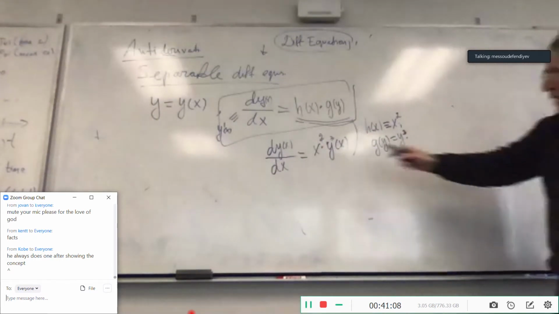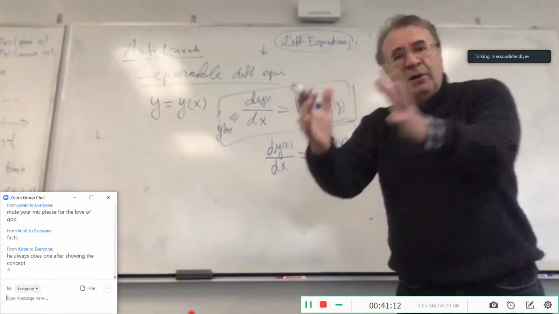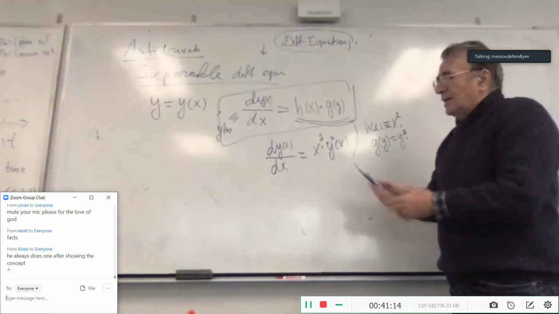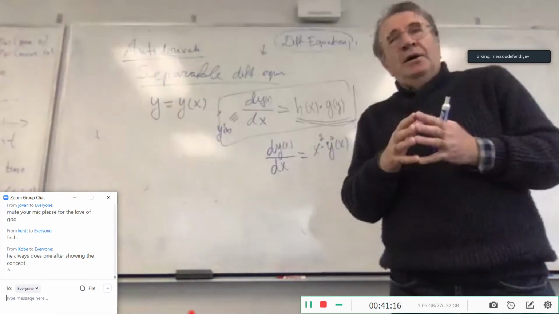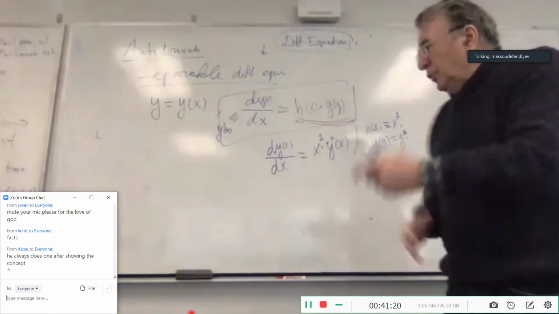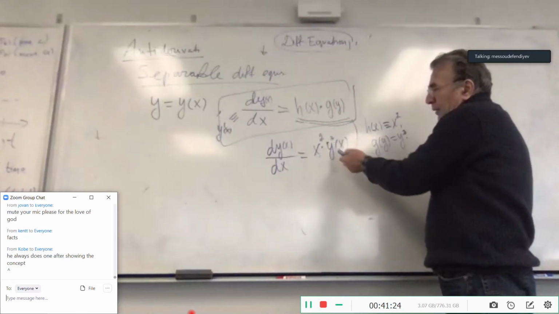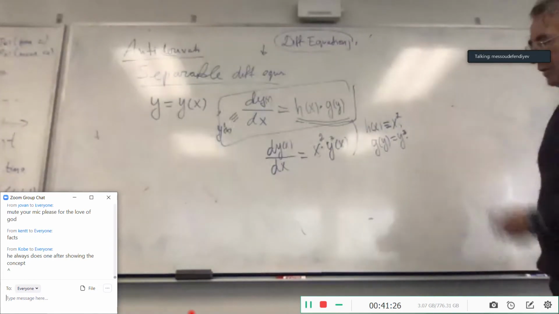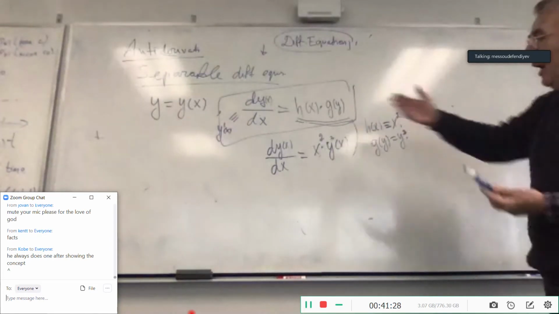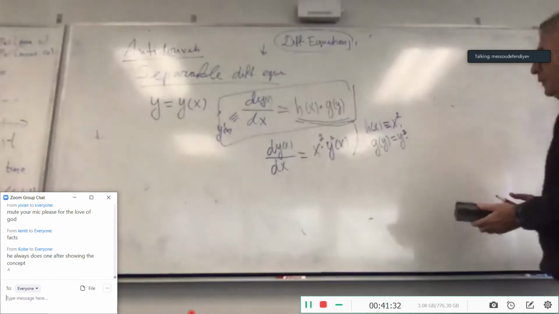So you see that the right-hand side is separated. In other words, the right-hand side is a product of two functions, one depends on the variable x, and the other depends on the unknown function variable y. If you have this, then one can easily solve this equation.